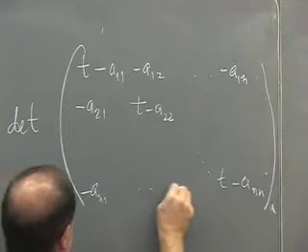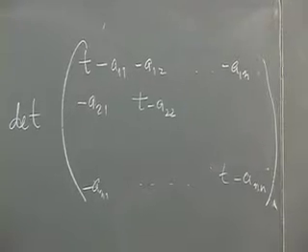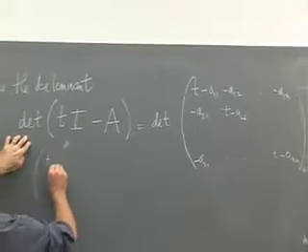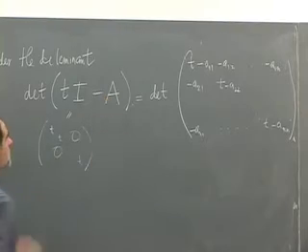So it would be a matrix where the entries are the entries of minus A, except along the diagonal you would add t times the identity matrix, because t times the identity matrix looks like t, t, t, 0, 0. And this looks like A.